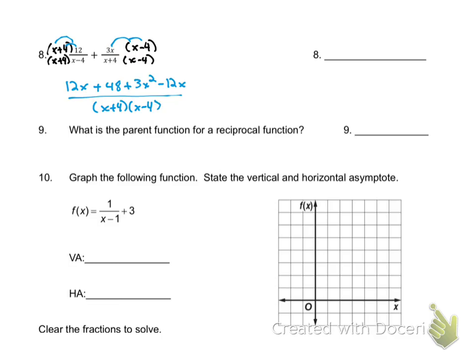Combine like terms, and that will give me 3x squared. The 12x's cancel, plus 48 over x plus 4, x minus 4.